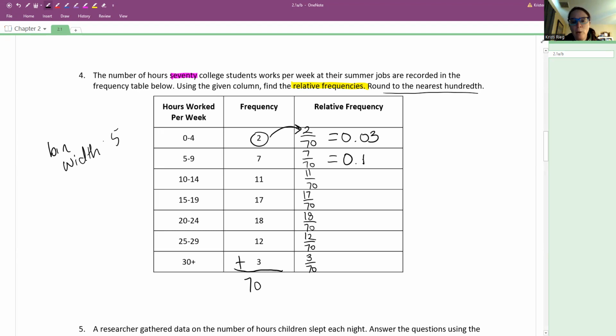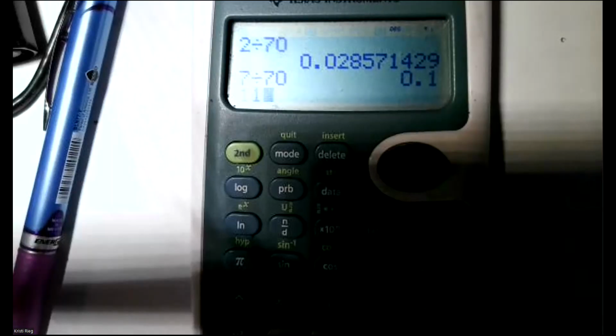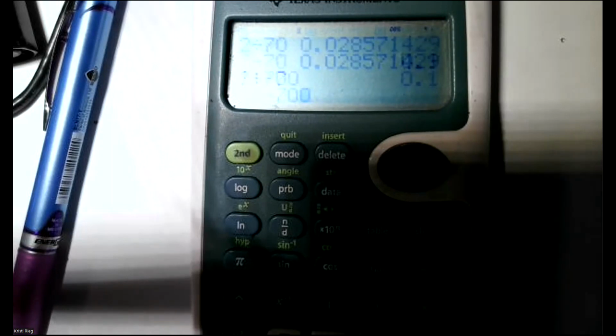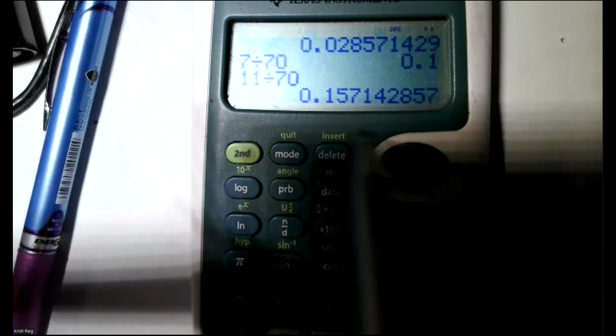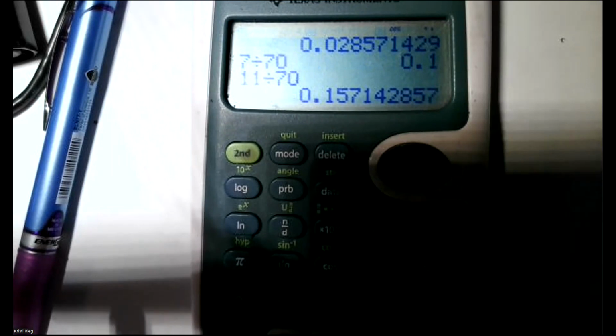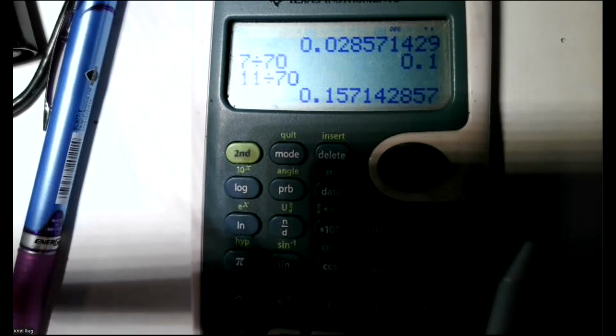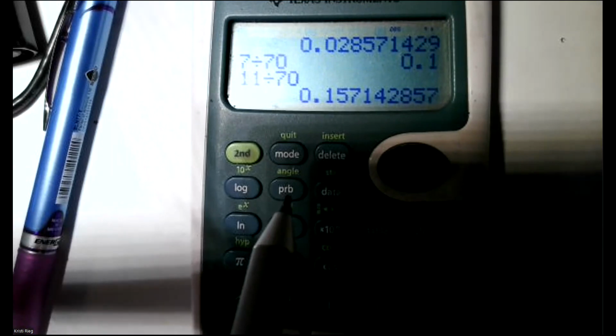And I'm going to do one more on my calculator, the 11 out of 70. And so I'm going to type 11 divided by 70 into the calculator. And I get this. What's happening here is when you divide by 7, it almost always will give you this never-ending repeating decimal.